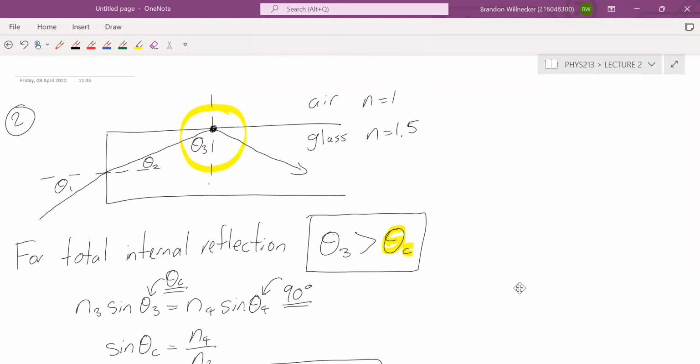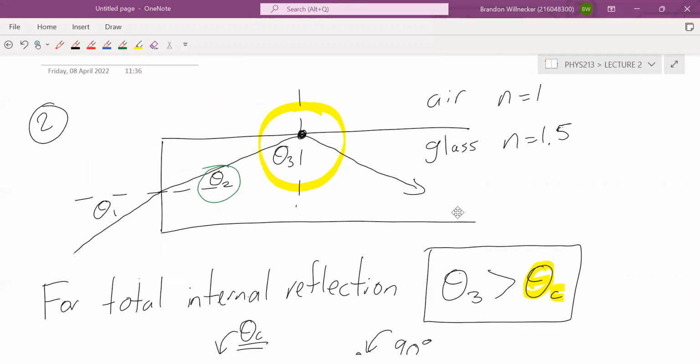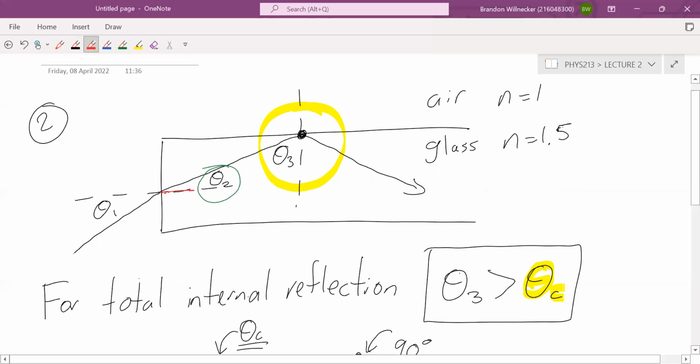What we want to do now is calculate θ2. Okay, how do we go about doing that? Now, remember that this is called geometric optics. So there's a lot of geometry going on. What we can do is extend this normal line to the other normal line and produce a right angle triangle.